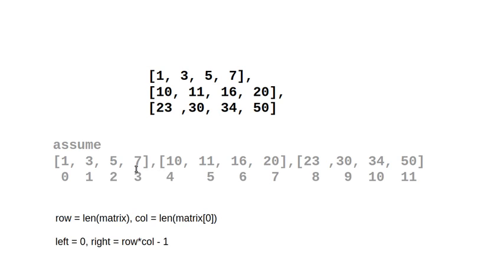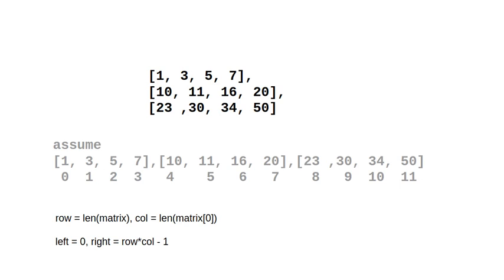After we assume that, we need to know the length and the breadth of the 2D array, in this case the row and the column. Once we have the row and the column of the given 2D array, we can treat it as a 1D array, and then we put the left and the right. The left always starts from the 0th index, and the right would be the last index.